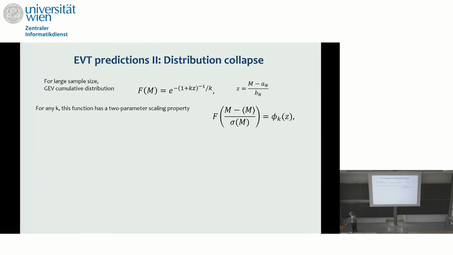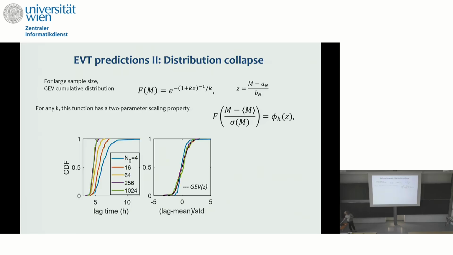And in particular, it's easy to convince yourself that if you take the empirical data, subtract the mean and divide by the standard deviation, you're only left with the shape. And if indeed all of these are taken from extreme value samples, we should get a collapse of the distribution after 2-parameter scaling.